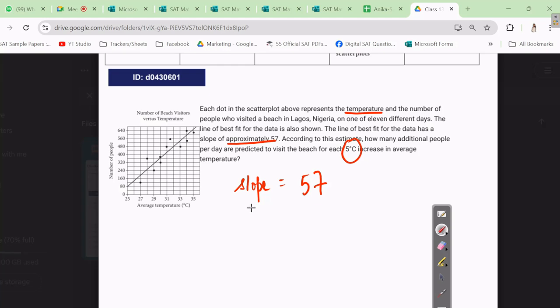So, Anika, this one is based on the concept that I told you.